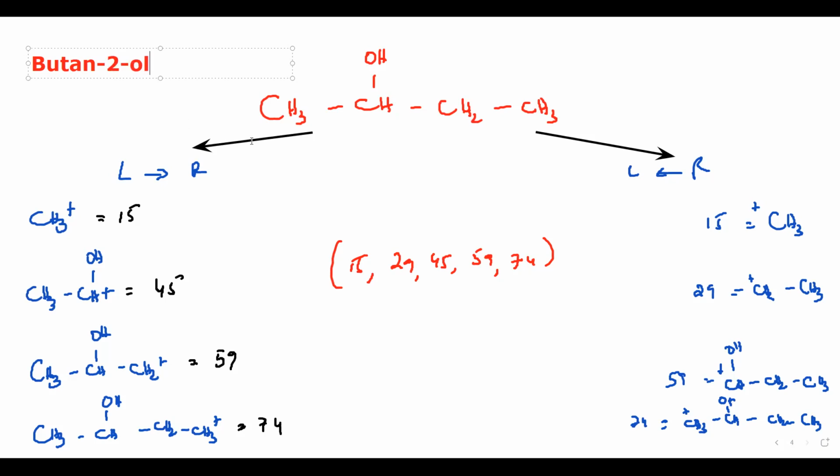But what if it was butan-1-ol? Like OH is attached to the first carbon, then what will be the difference? So OH is there, CH2, CH2, CH2, and CH3.